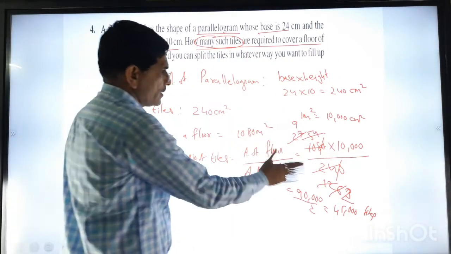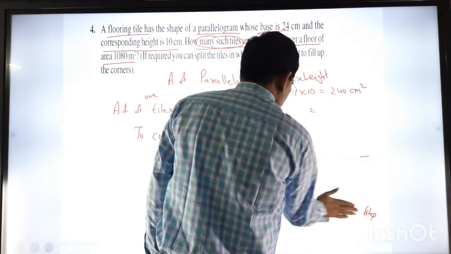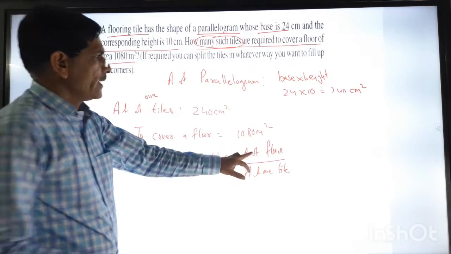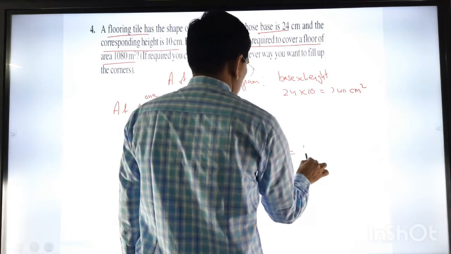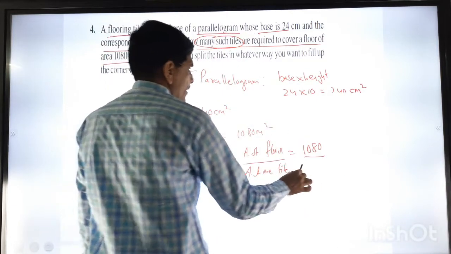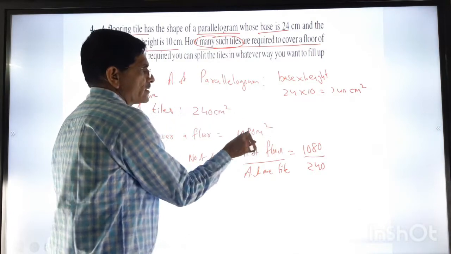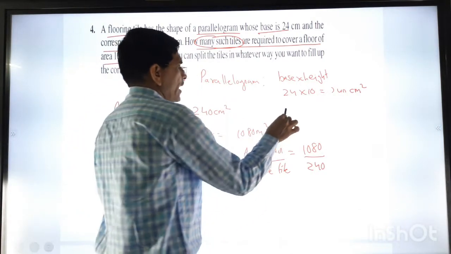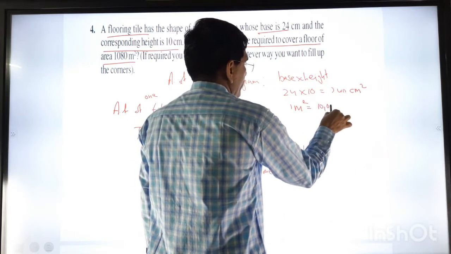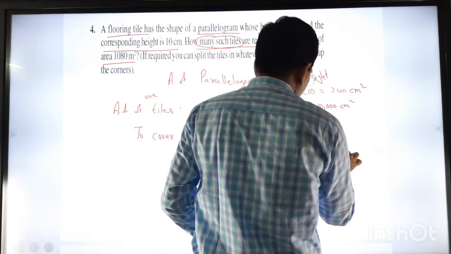Again, we have to properly explain the concept of it. That is important. The floor area is 1080. The tile area is 240. But here it is centimeter square, here meter square. Already I have described that 1 meter square is equal to 10,000 centimeter square, so multiply by 10,000.